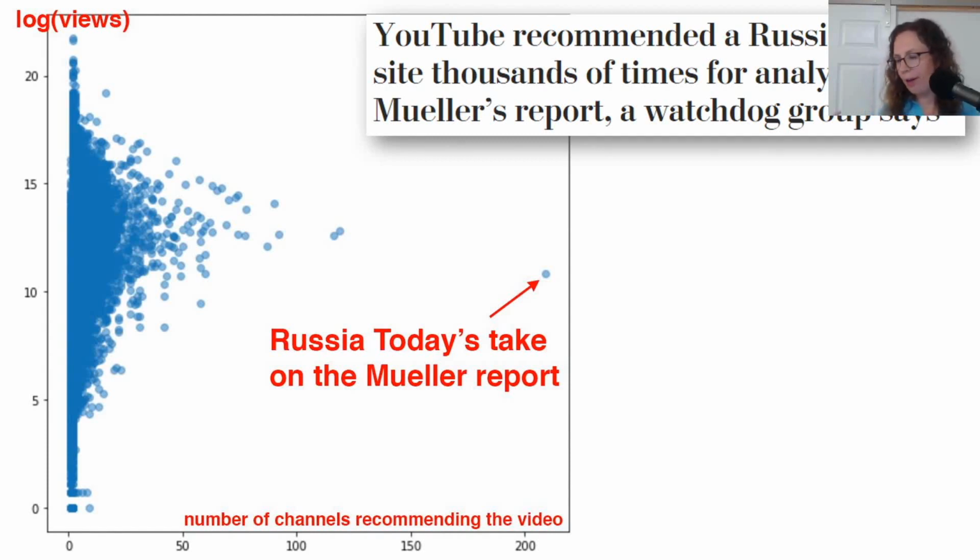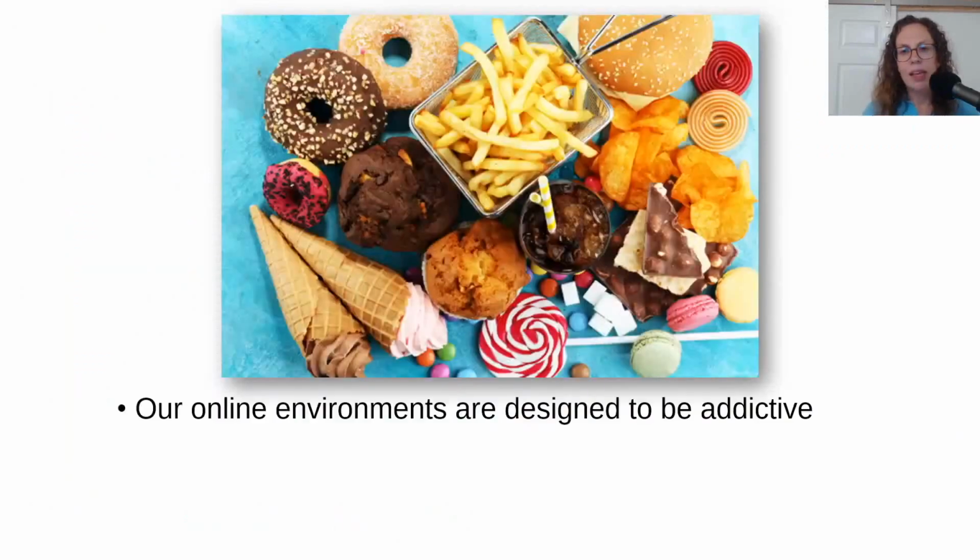This is something that Guillaume observed and then was picked up by the Washington Post. But this strongly suggests that Russia Today has perhaps gamed the recommendation algorithm, which is not surprising, and it's something that I think many content creators are conscious of and trying to experiment and see what gets more heavily recommended and thus more views.